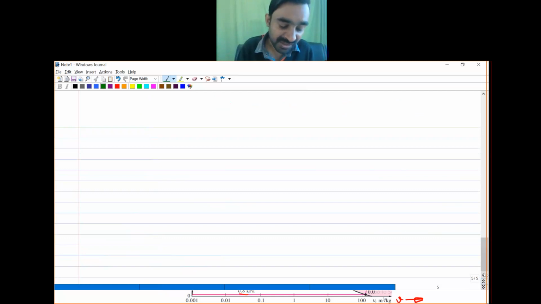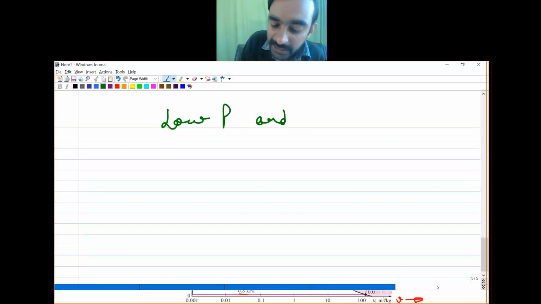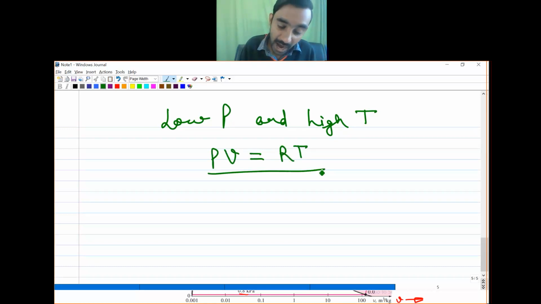I have already told you that almost all gases at low pressure and high temperature behave as ideal gas, for which the equation PV = RT is applicable. However, what happens at pressure and temperature other than these specific conditions?